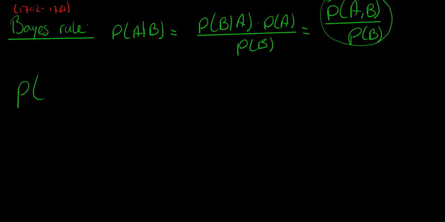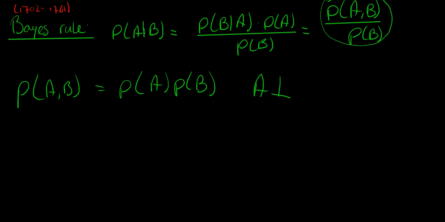If we have two outcomes, A and B, we can rewrite this as two individual probabilities multiplied with each other only if A is independent of B, meaning that if you know the probability of A or the outcome of A, it does not influence the outcome of B. For instance, if you have a fair die and a coin tossing up, knowing if you have heads or tails when throwing up the coin, it does not matter what you throw with the die. It is not dependent on it. It does not influence the probabilities of the die.